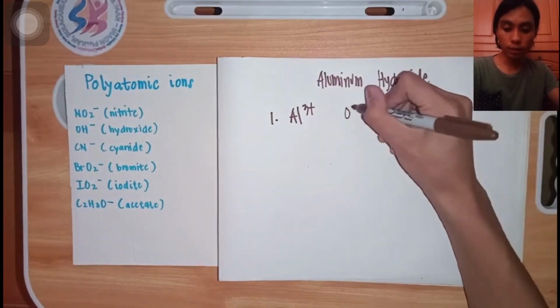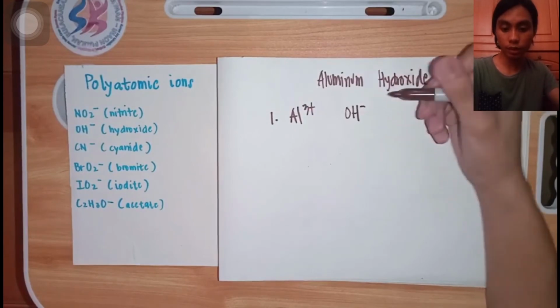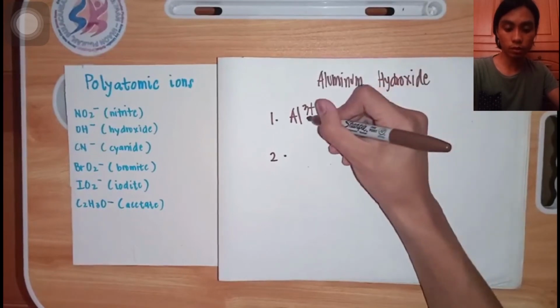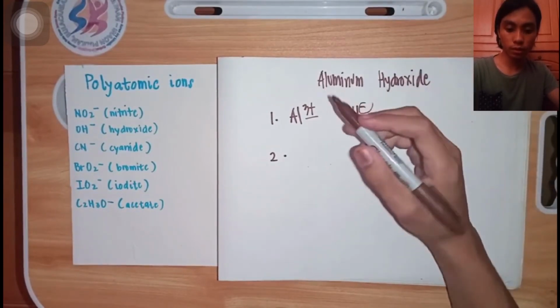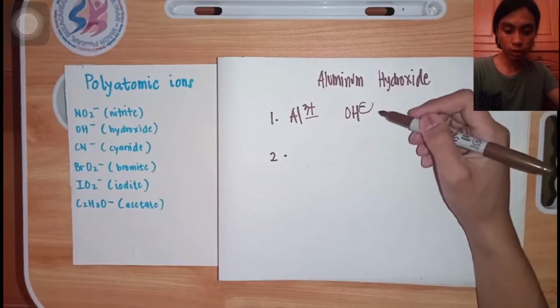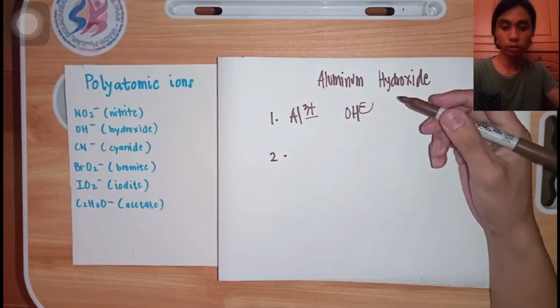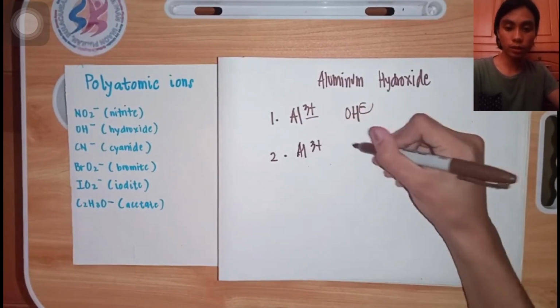In the second step, all we need to do is balance the charge, and we have Al 3 plus and OH 1 minus. So we need to add 2 more hydroxide to balance the charge. So let's add 2 OH 1 minus. So we have 3 plus and 3 minus charges.